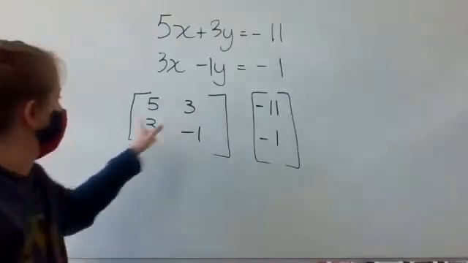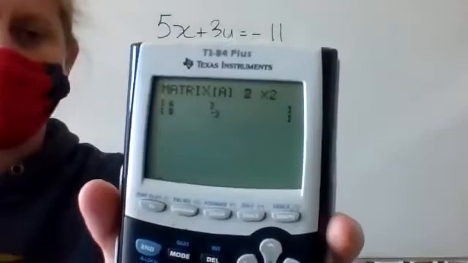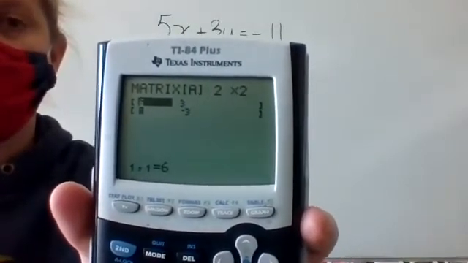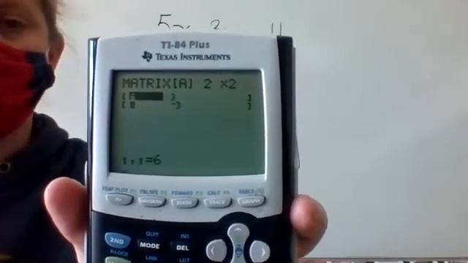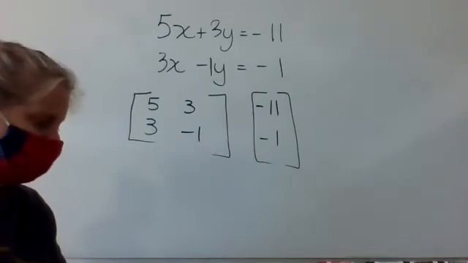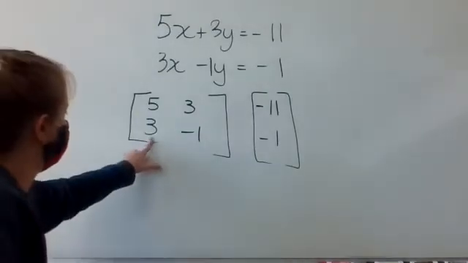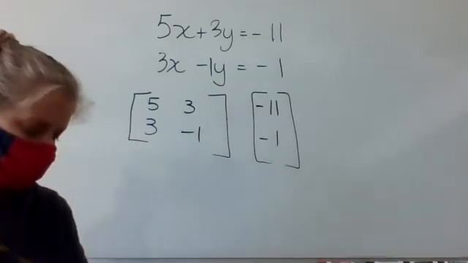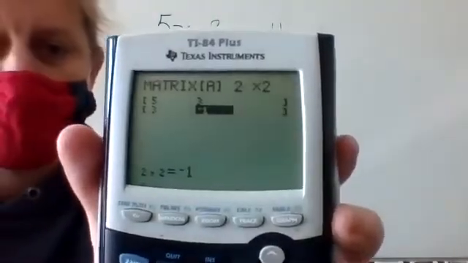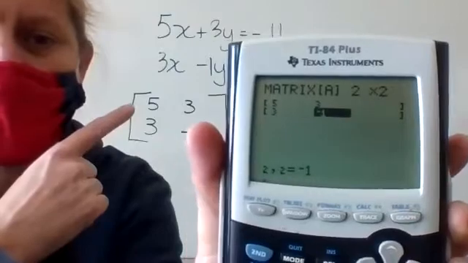Because still it has 2 rows, 2 columns. So you can actually just hit enter, enter, because it's already 2 by 2. Type in your numbers. So my first row needs to be 5, 3. My second row needs to be 3, negative 1. So make sure that the matrix you made matches the numbers that are in the problem.